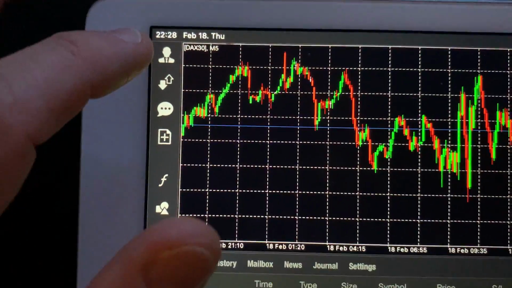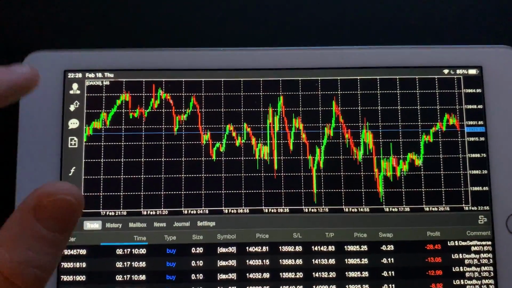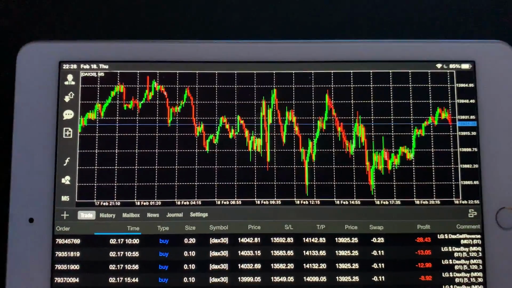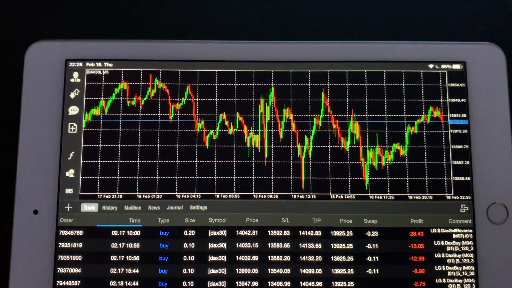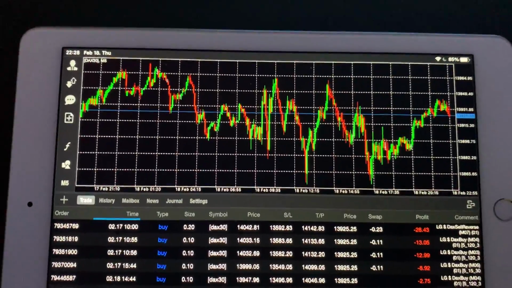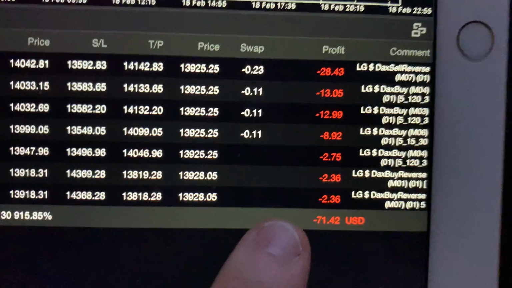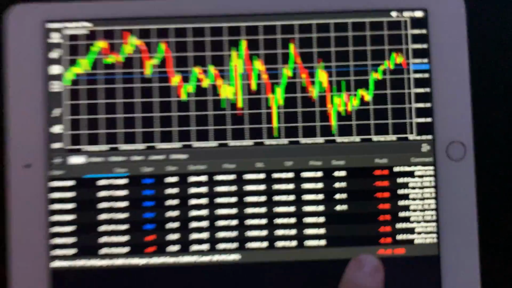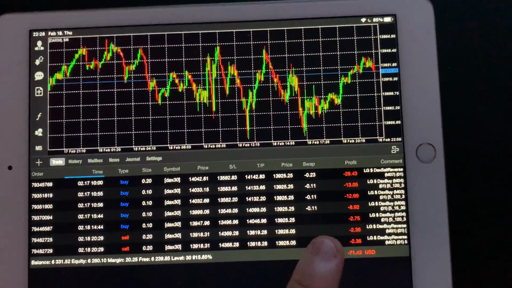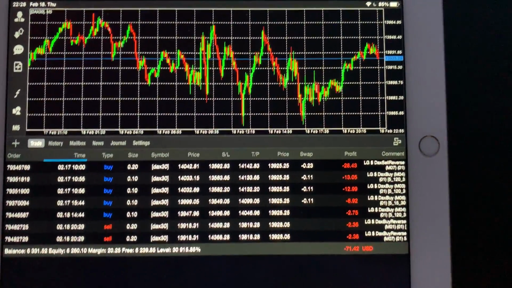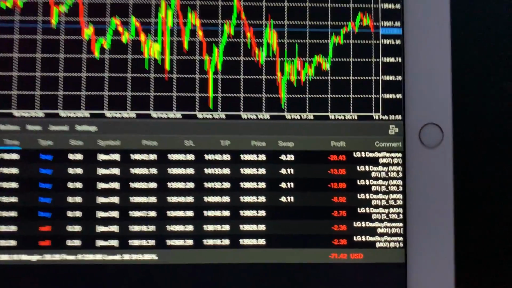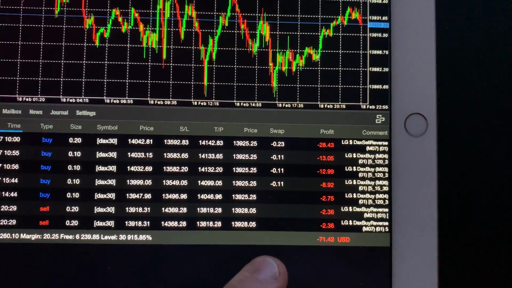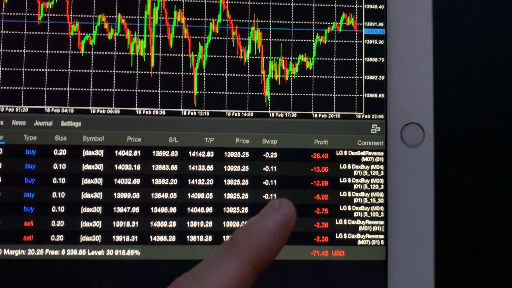No, the market hasn't closed, but my trading is closed at 10 o'clock because that's what I programmed my robot to trade between the hours of 8:30 a.m. to 10 p.m. And at 10 p.m. it stopped trading, so I have some open positions. And tomorrow at 8:30 it will continue to trade on, and Mohini Trade is going to manage these positions.